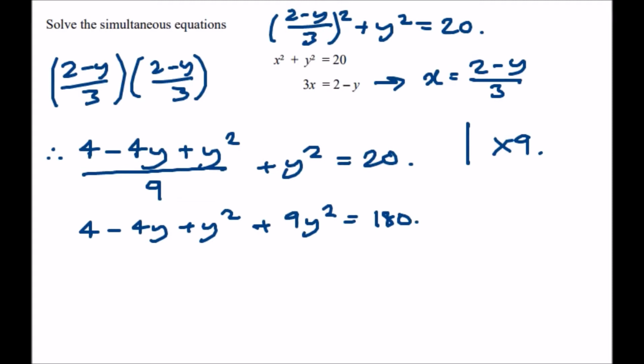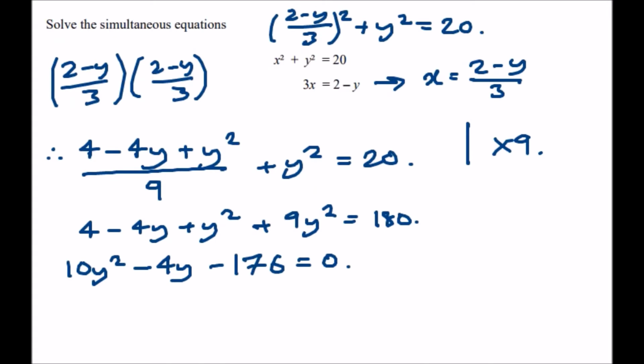Nice. Now collecting like terms, and then moving everything to the left and equaling to 0. So y squared plus 9y squared will give us 10y squared minus 4y. And then 4 take away 180, 180 take away 4 is 176, and then bring it to the left to give us negative 176 equals 0. Right, almost there.